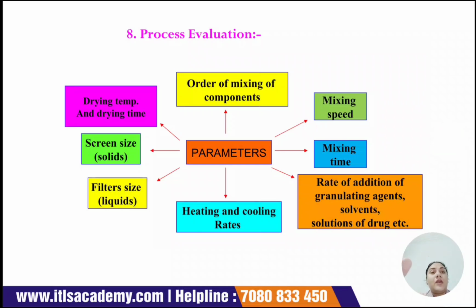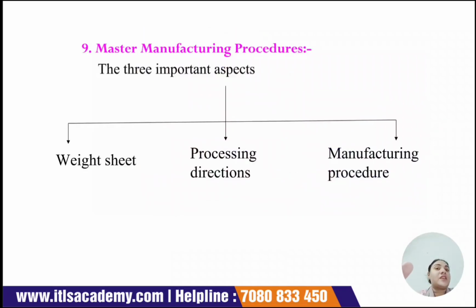Okay, now comes the master manufacturing process. The master manufacturing process is divided into three aspects: weight sheet, processing direction, and manufacturing procedure. The first one is the process or manufacturing direction.